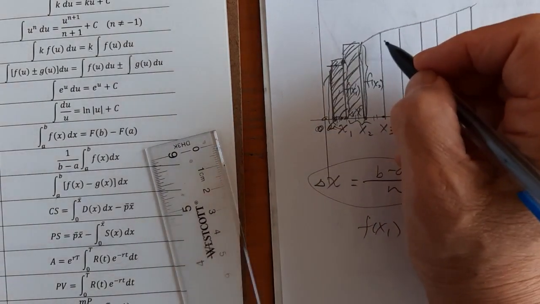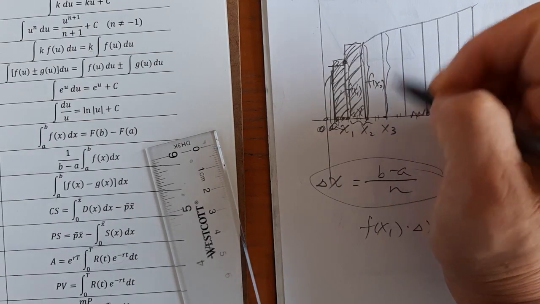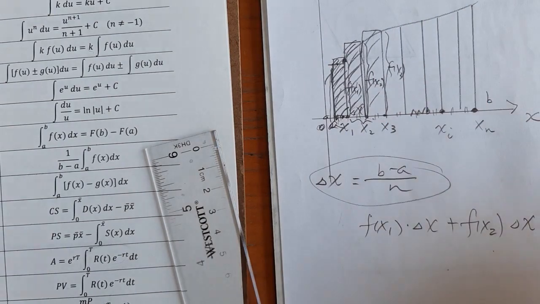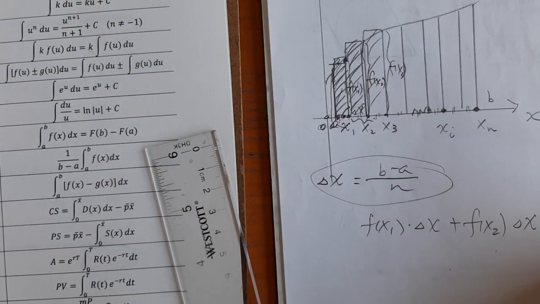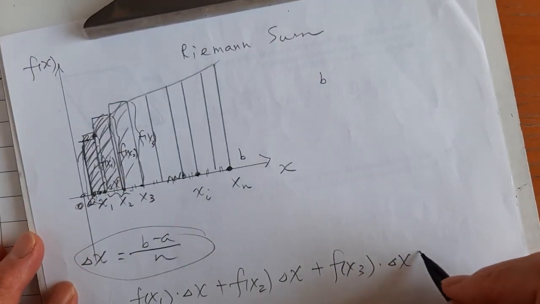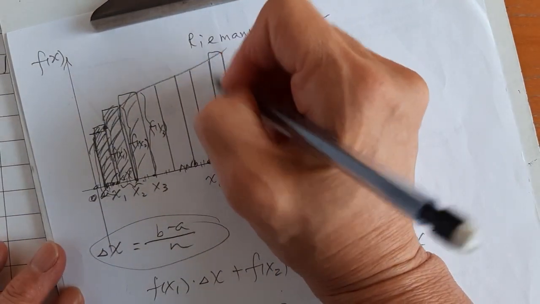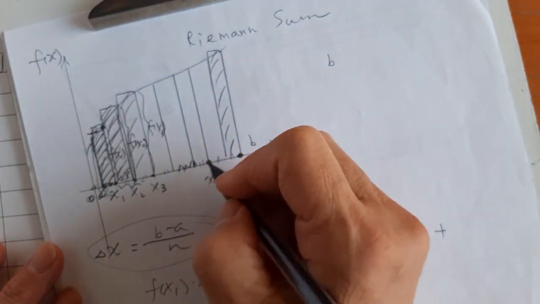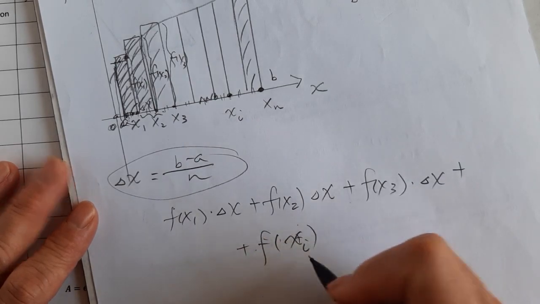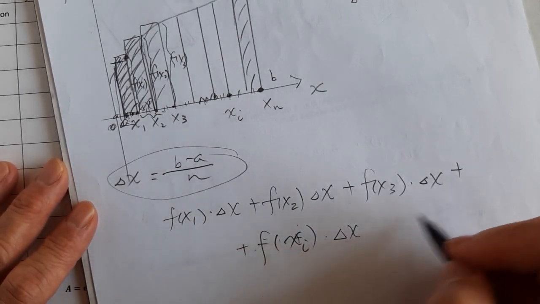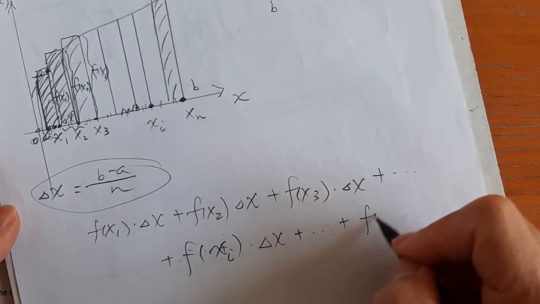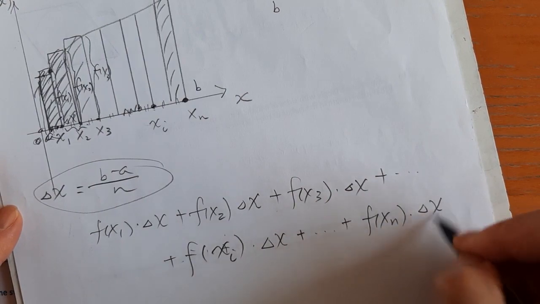Then plus f of x3 times delta x, and plus until the last one, f of xi times delta x, and plus until f of xn times delta x.